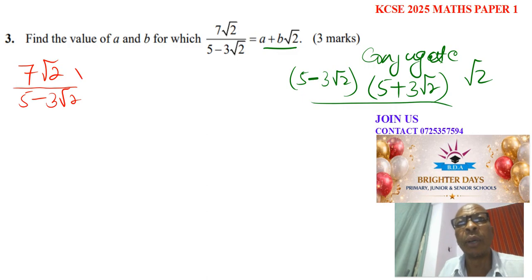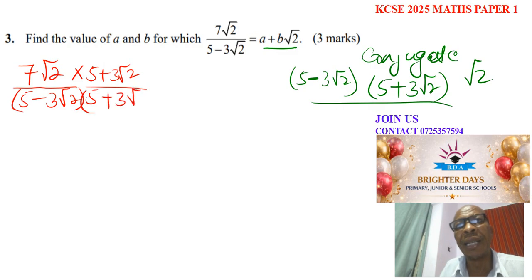We multiply by the conjugate of the denominator, so we change the sign to positive 3 root 2, divided by 5 plus 3 root 2. Here you can put the bracket so that it is clear.